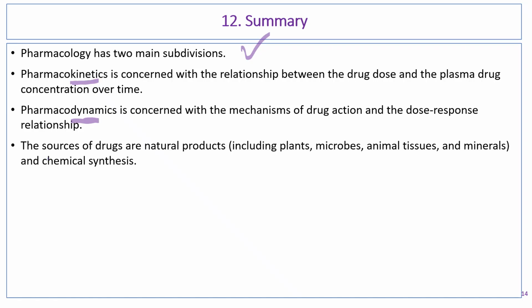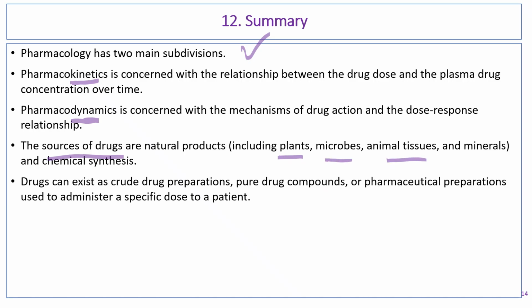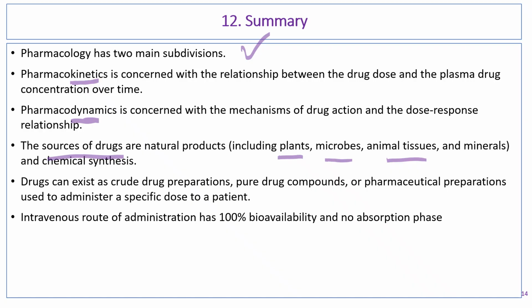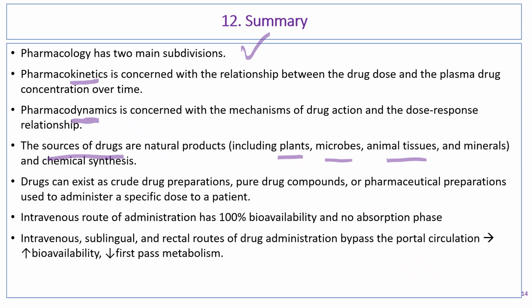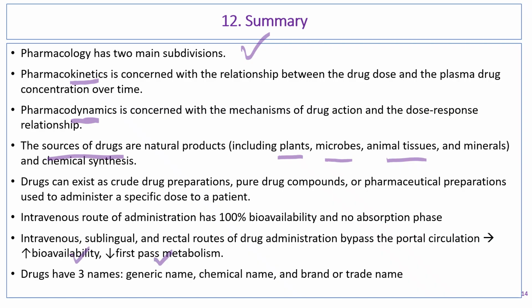We also covered sources of drugs, from plants, microbes, animal tissue, minerals, and synthetic. We discussed the various dosage forms, routes of administration, bioavailability, first pass metabolism, and drug names.